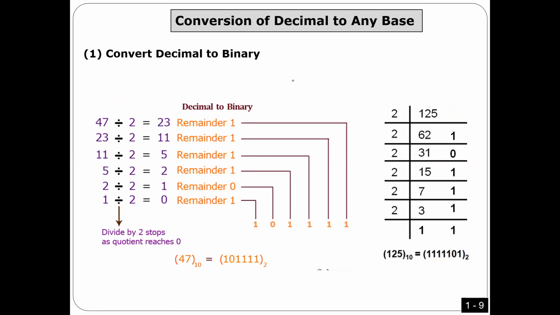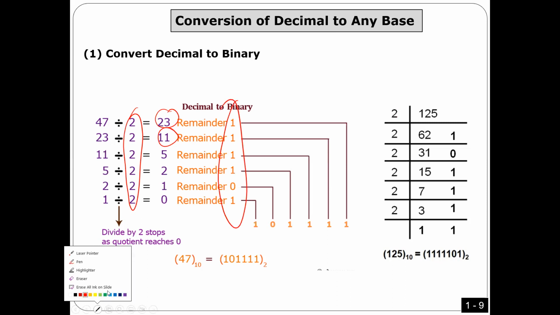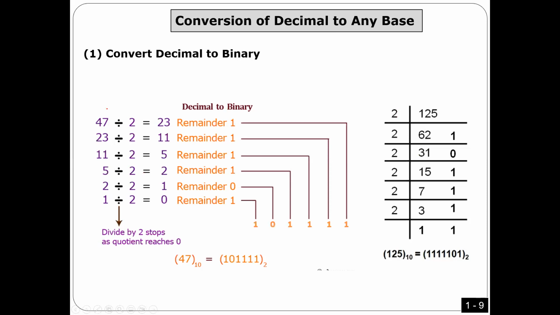So here, you have to divide by the base, and every time you get a remainder. Let me explain it better. For example, I want to convert 47, which is in decimal, to binary. So here I'm going to divide it by the base.